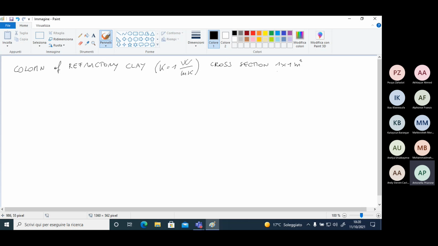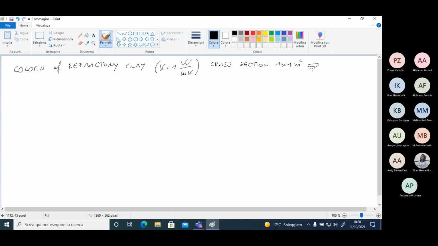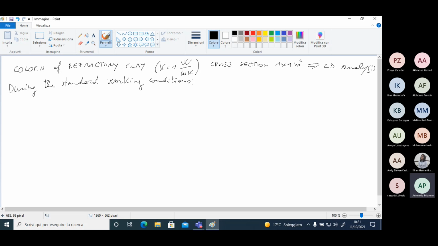I consider in this case a two-dimensional 2D analysis. And during the standard working condition, we have that three surfaces of a column are maintained at 500 Kelvin.